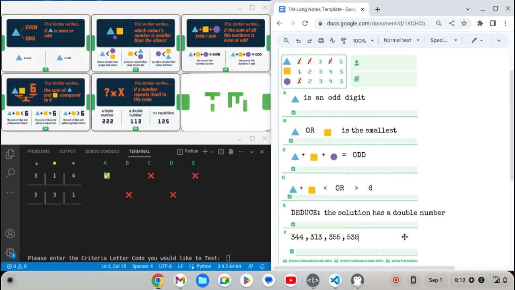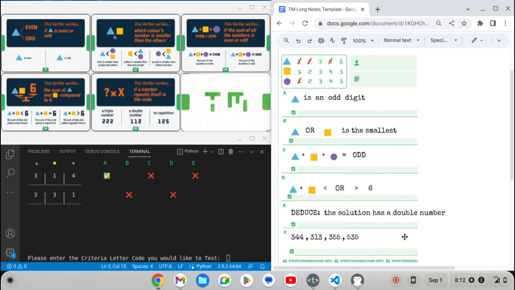But 344 also has a sum that's greater. So we kind of have two different solutions for each of triangle or square being the smallest.